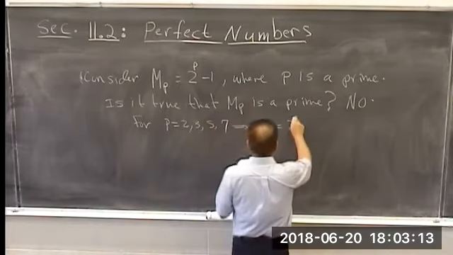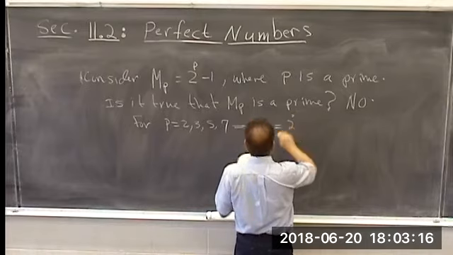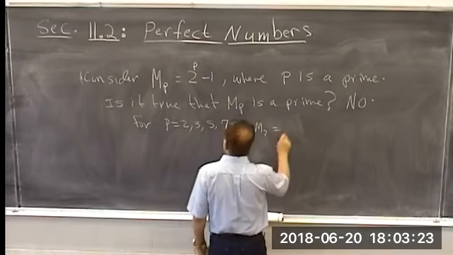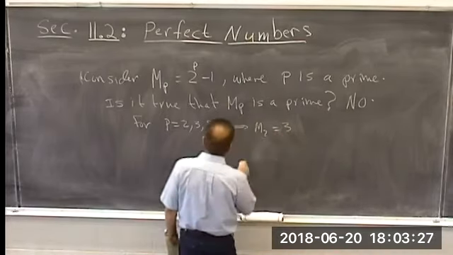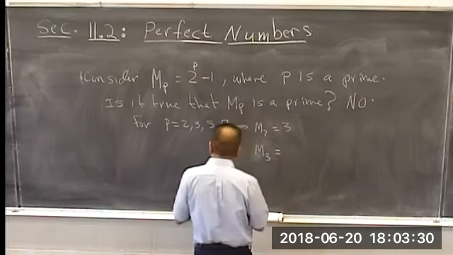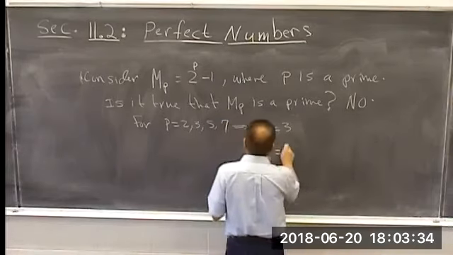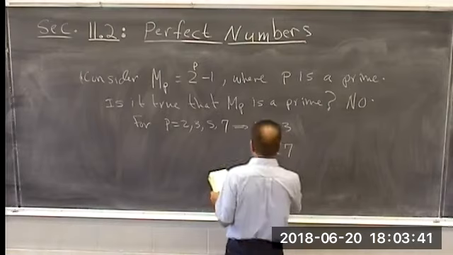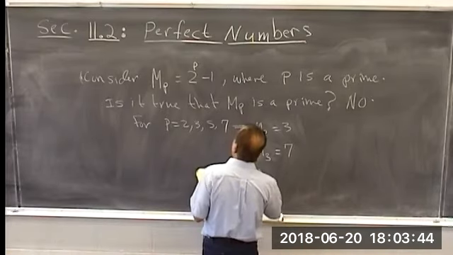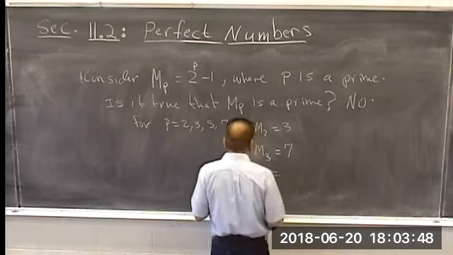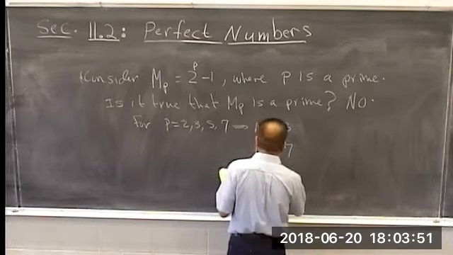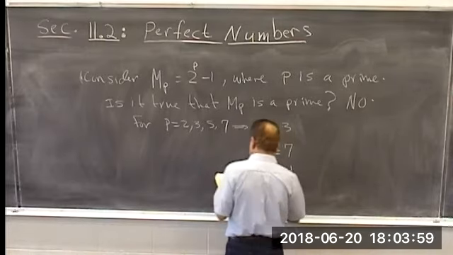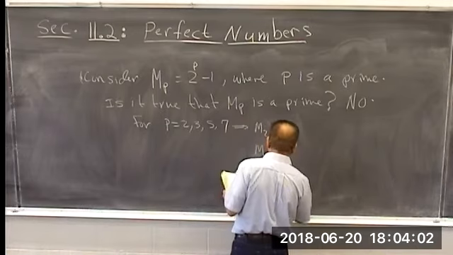M2 is going to be 3, and M3 is going to be 7, M5 is going to be 31, and M7 is going to be 127.